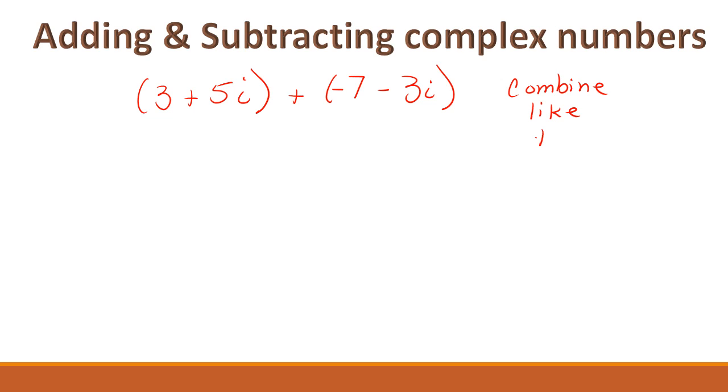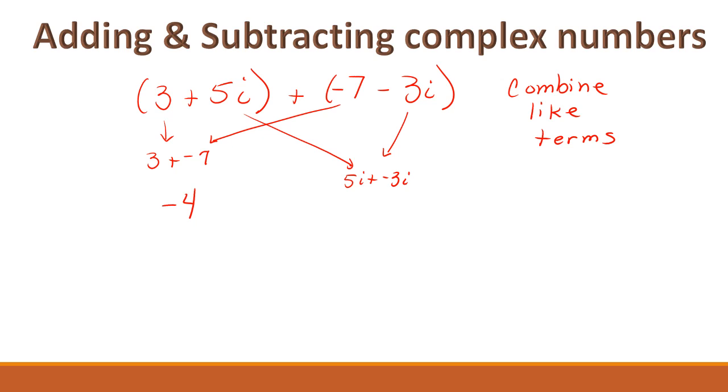Notice the real numbers will combine with the real numbers, so 3 plus -7 is really equal to -4, and 5i plus -3i is really equal to 2i. The solution then is -4 plus 2i.